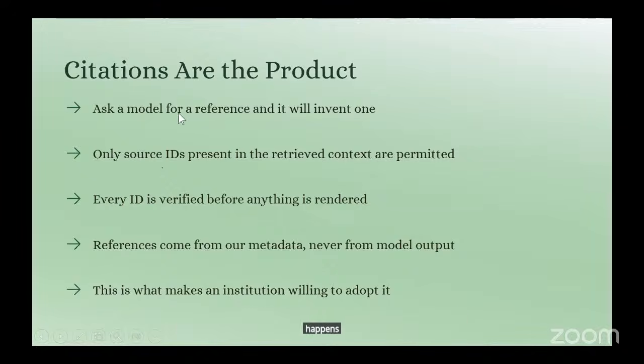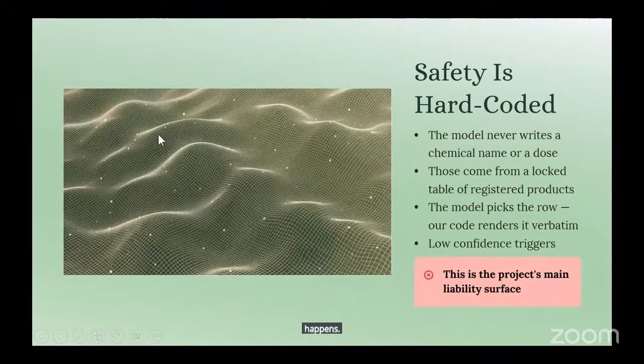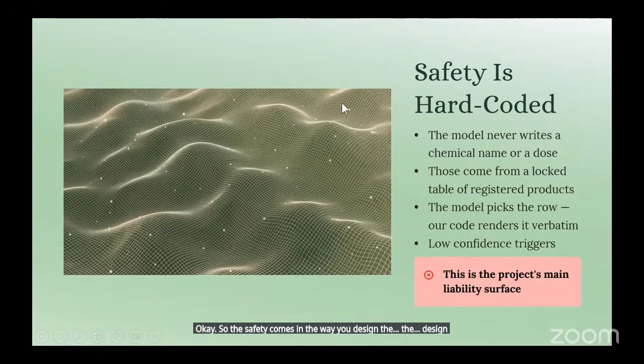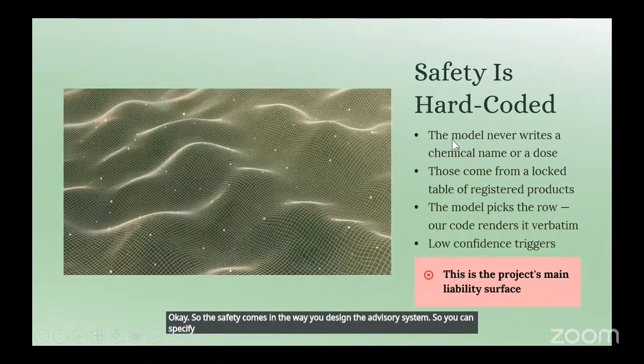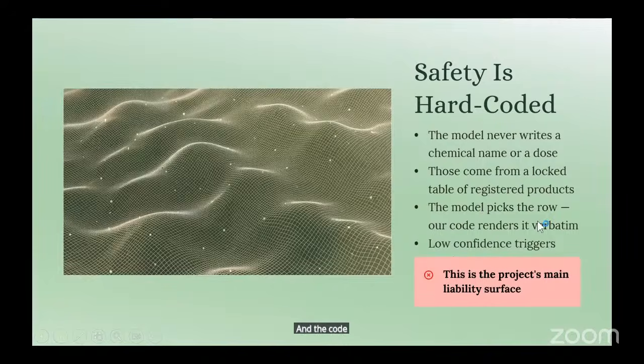The safety comes in the way you design the advisory system. You can specify to the AI that all sources are verifiable, all recommendations come from a given table, and the code only takes what's in the verified database.